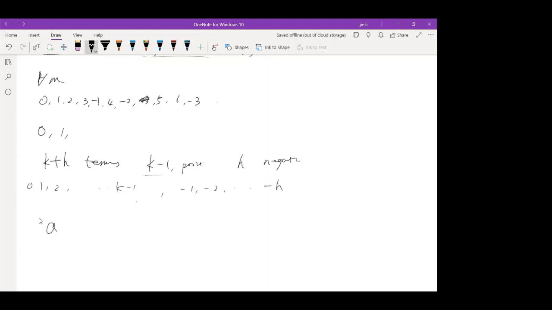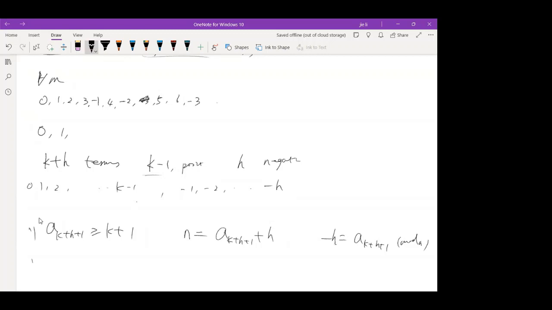Suppose we have this k plus h plus 1 term greater or equal to k plus 1. Let's see what happens. How do you want to find that contradiction? You could let n equal k plus h, and if you mod n, you'll find that negative h equals a k plus 1 term mod n. So that's a contradiction.